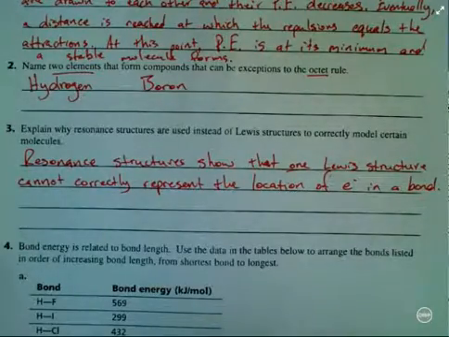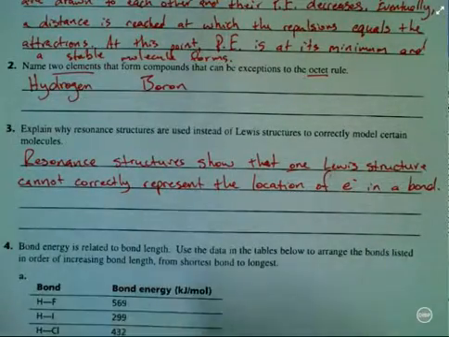Look at the resonance structure. It's 2 Lewis structures, right? And so we're representing the delocalized electrons by simply drawing 2 Lewis structures.